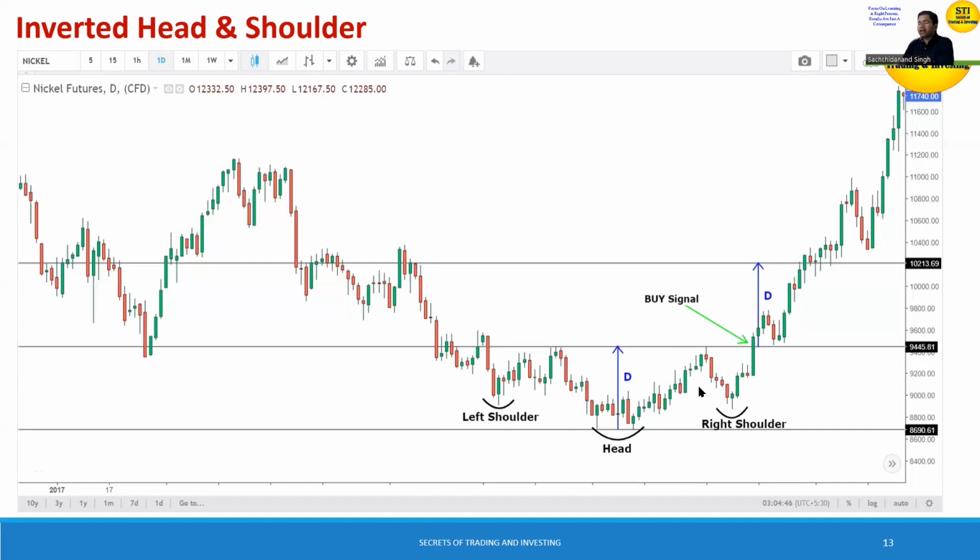When this formation is happening, we may not be able to confirm that this is the head and shoulder until it gets complete. After the right shoulder forms and breaks the neckline, that will be the ideal entry point.